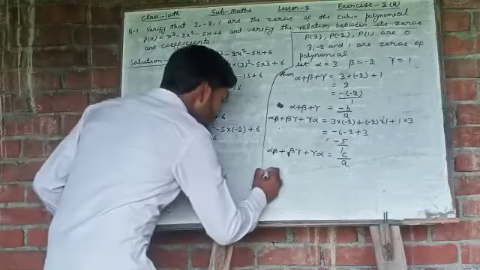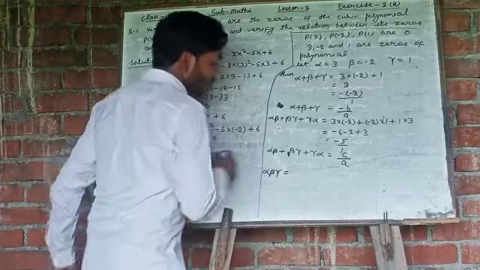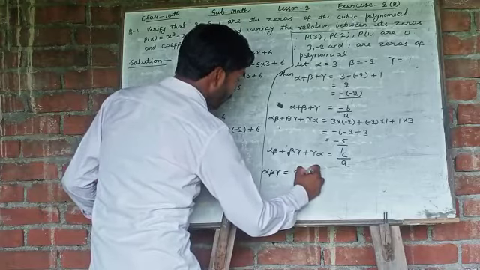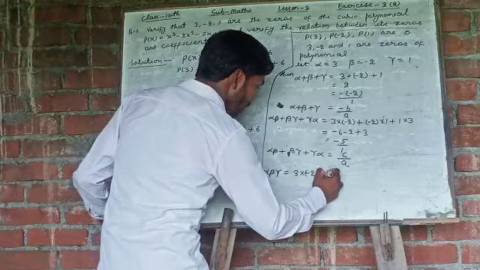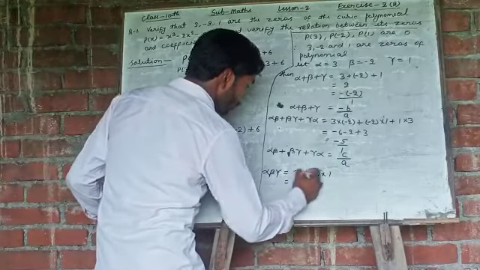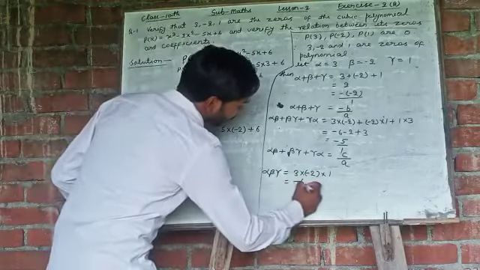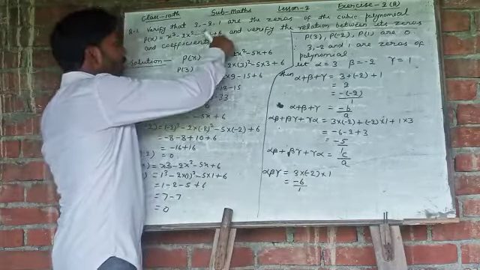Now last, alpha beta gamma = 3 into -2 into 1, so it will be -6. We can write it as -6/1, and here it is the constant term.